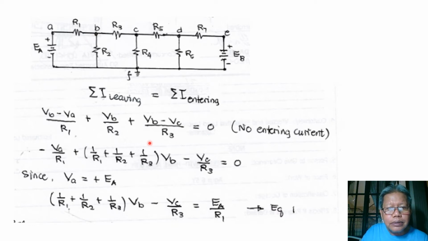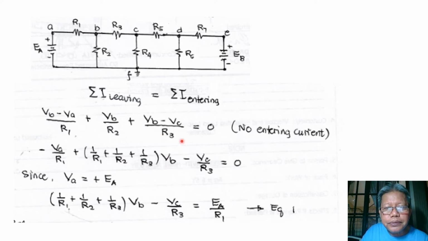So simplifying, we collect terms with V_A. So we have here minus V_A over R1. And for terms containing V_B, we have V_B over R1, and then V_B over R2, and V_B over R3, and then we factor out V_B.